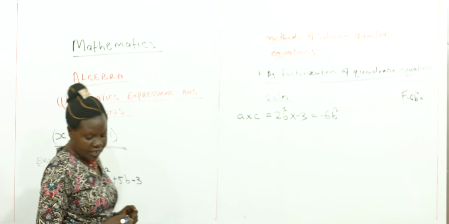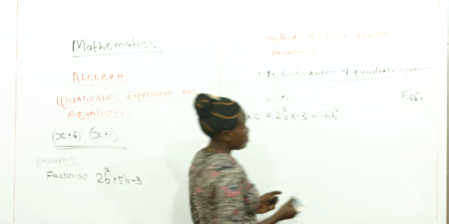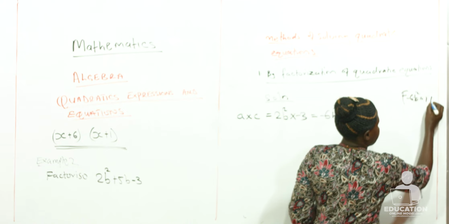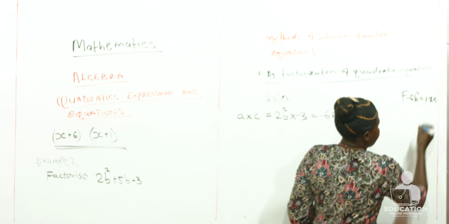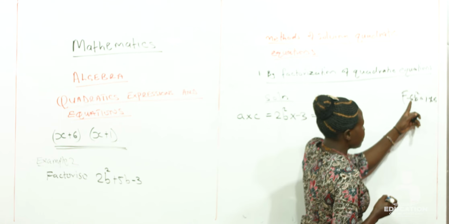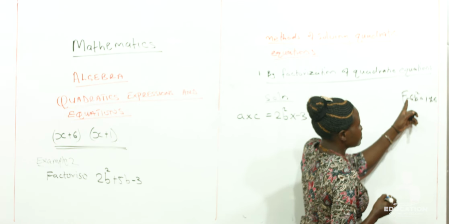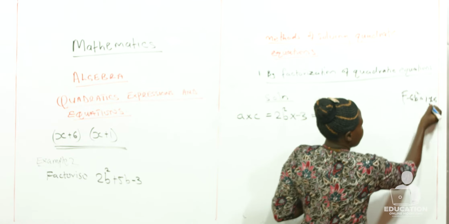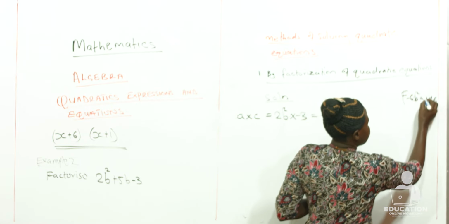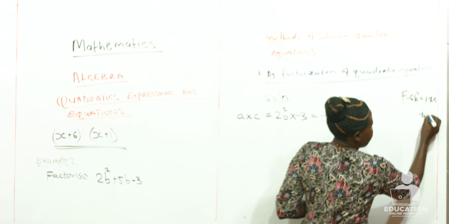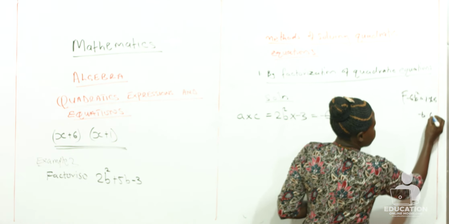So our factors here will be 1 and 6. When we multiply them, we get 6, but we shall have negative 1, which will now be negative b, and then 6b.